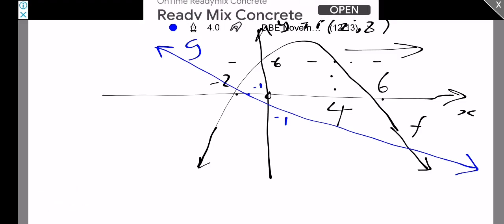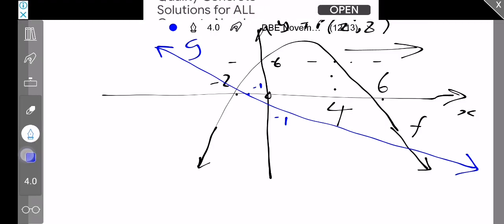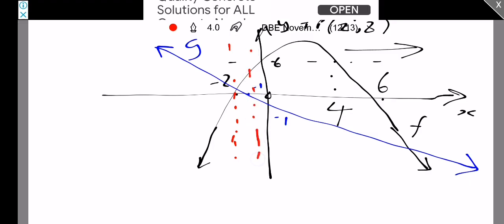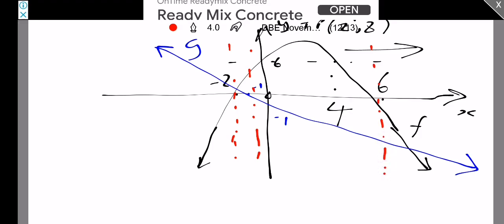Now guys, what you do here is create imaginary lines where both graphs cross the x-intercepts. We start with the x-intercept of the parabola and the x-intercept of the straight line, then the second intercept of the parabola.